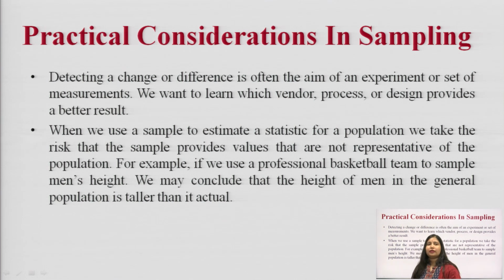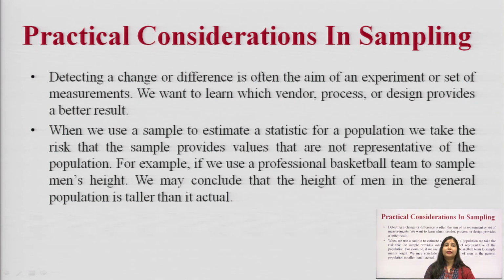Now what are the practical considerations in sampling? The practical consideration in sampling is detecting the chance of a difference, which is often aimed at in an experiment or a set of measurements, where we want to learn which vendor, process or design provides the better result.